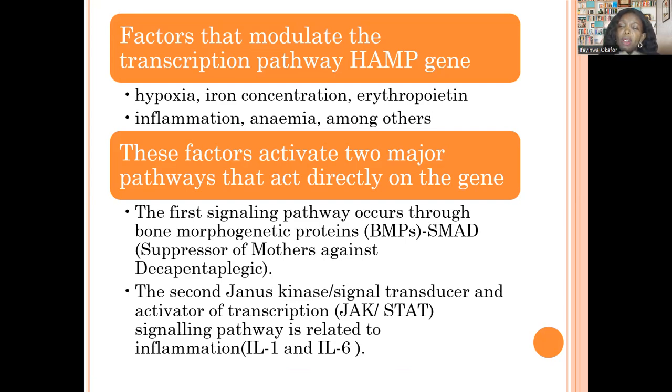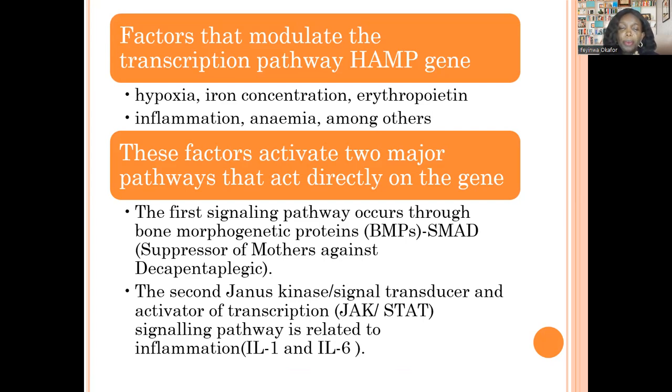The first is the signaling pathway that occurs through bone morphogenetic proteins and SMAD. And the second pathway is the Janus kinase signal transducer and activator of transcription signaling pathway, the JAK/STAT pathway.